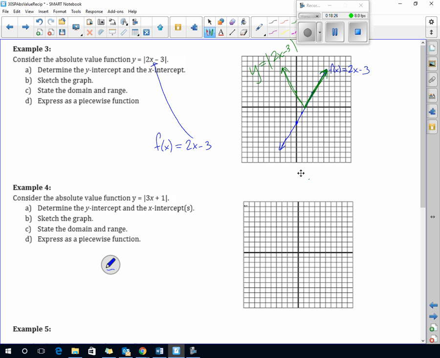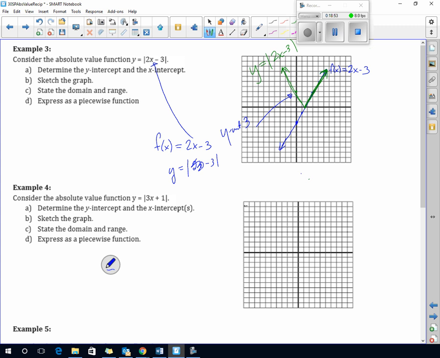So if I put x equal to 0 in for x, what do I get? I get y equals the absolute value of 2 times 0 minus 3. What's 2 times 0? 0. What's 0 minus 3? Minus 3. What's the absolute value of minus 3? 3. So either way, we're getting that the y-intercept is 3. Everybody understood?